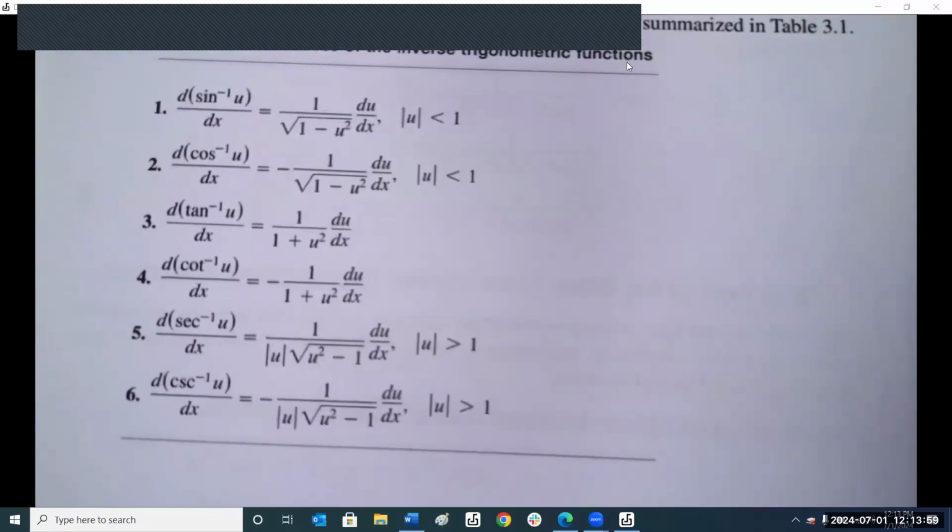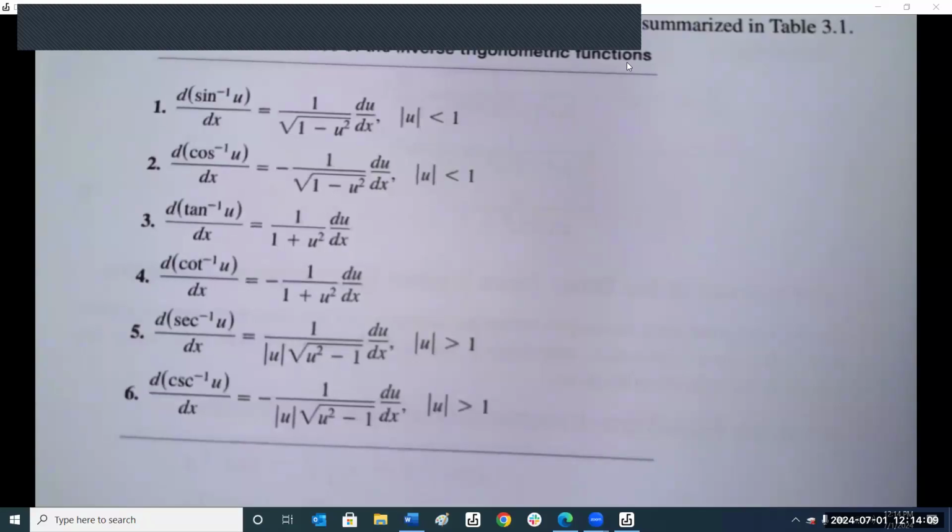What does the derivative of an inverse function tell us? This is not a trick question. What does a derivative tell us? It tells us the rate of change. It's the rate of change of the inverse.